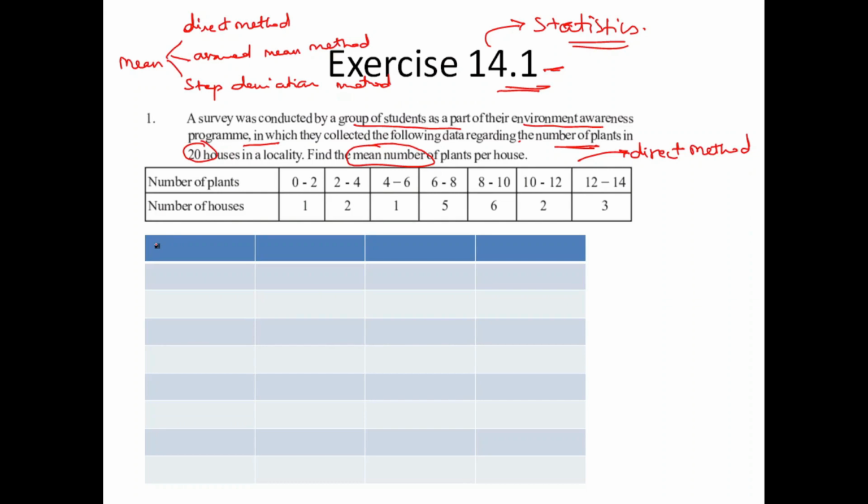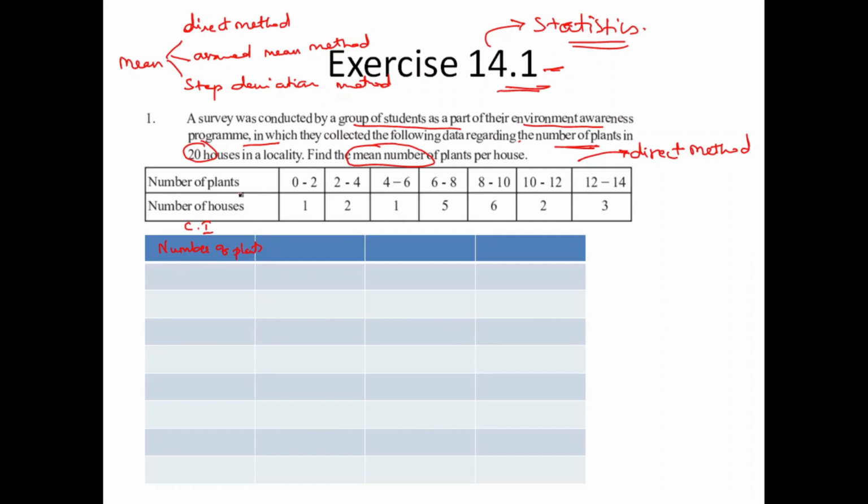This is your class interval. The class interval is always your number of plants.